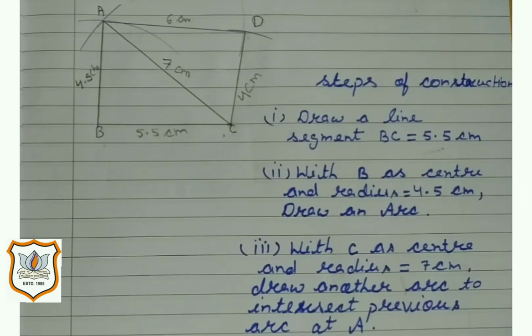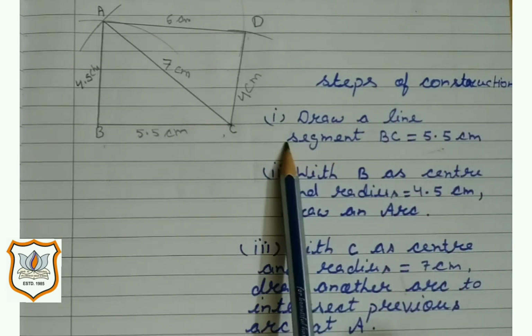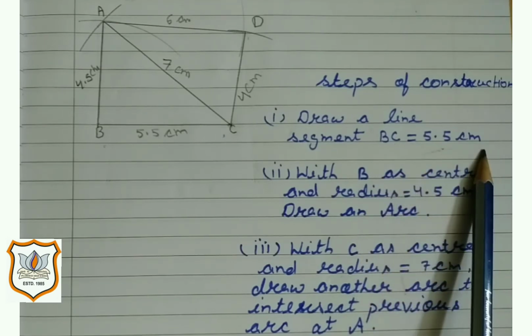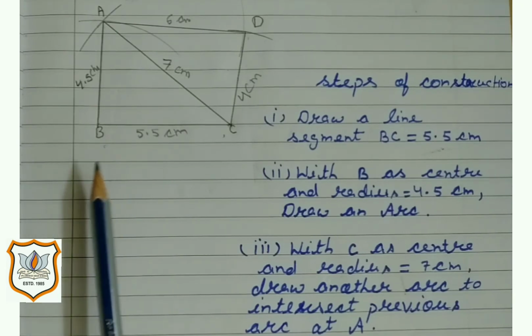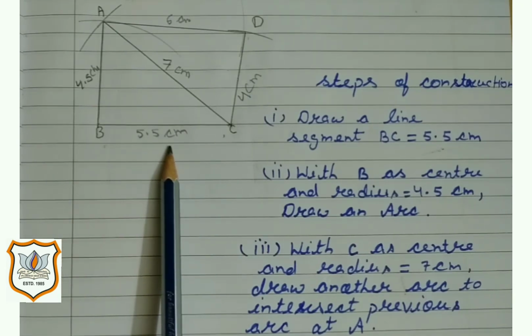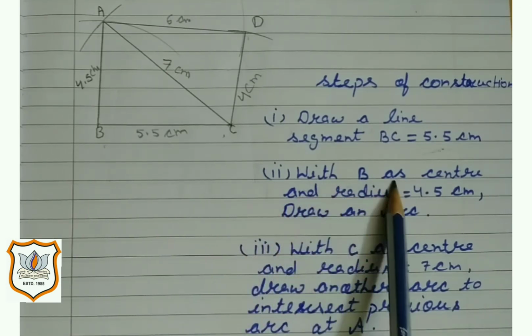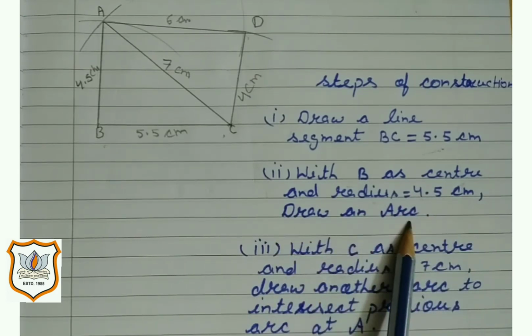Now you have to write the steps of construction. So the first step is: draw a line segment BC equal to 5.5 centimeter. Clear, students? We have drawn line segment BC, 5.5 centimeter. So this is the first step. The second step is: with B as a center and radius equal to 4.5 centimeter, draw an arc.